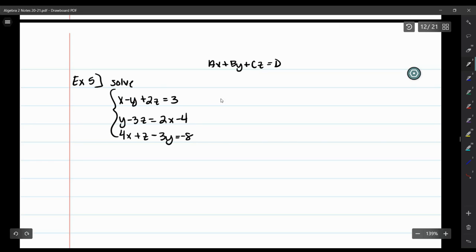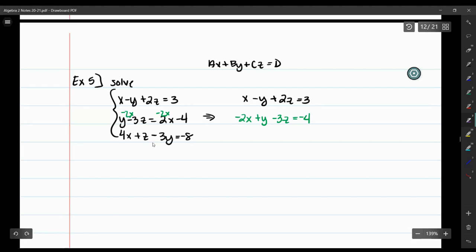This first equation is fine. He's good to go. So we have x minus y plus 2z equals 3. The second equation, however, we need to move this x. So we're going to have to subtract 2x from both sides. And the x's go in the front. So negative 2x, then plus y, minus 3z equaling negative 4.